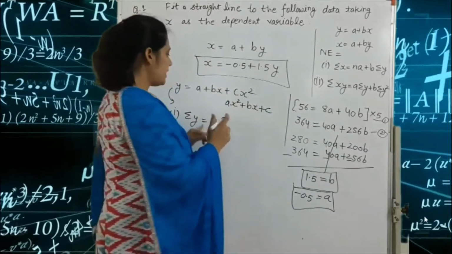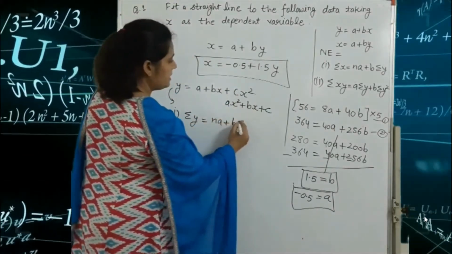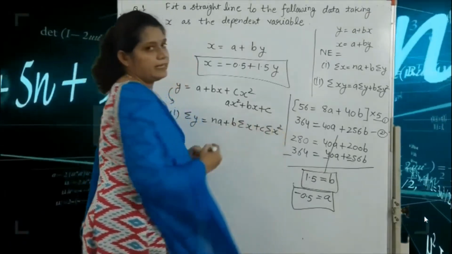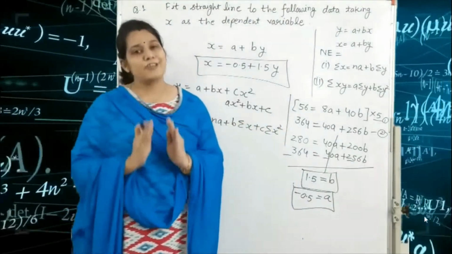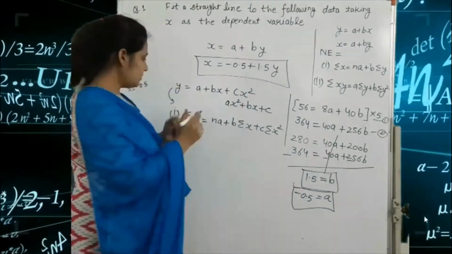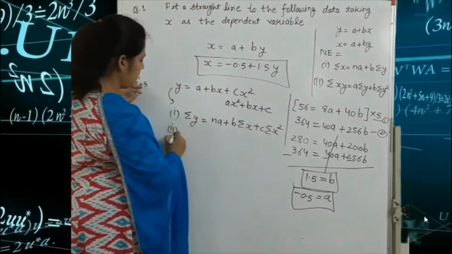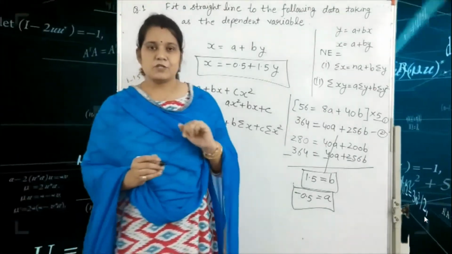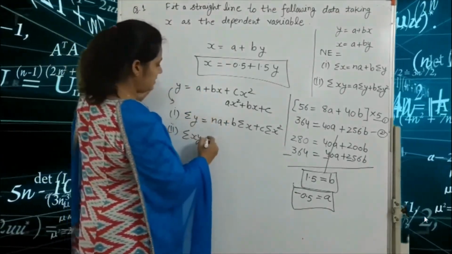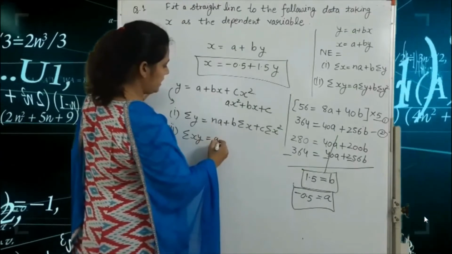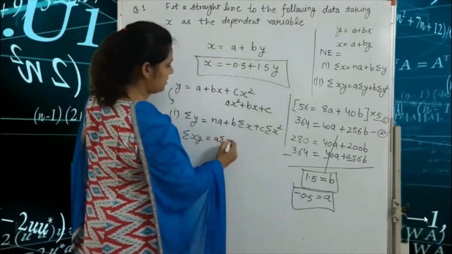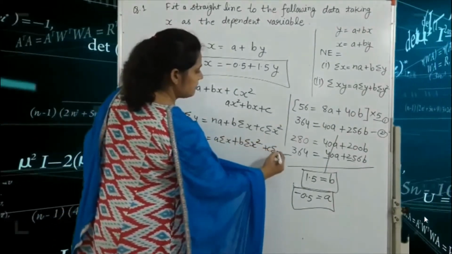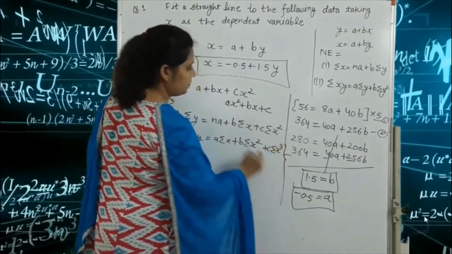So na plus b summation x plus c summation x square. This is our first normal equation. The second normal equation is multiply by x. So here summation xy is equal to a summation x plus b summation x square plus c summation x cube.